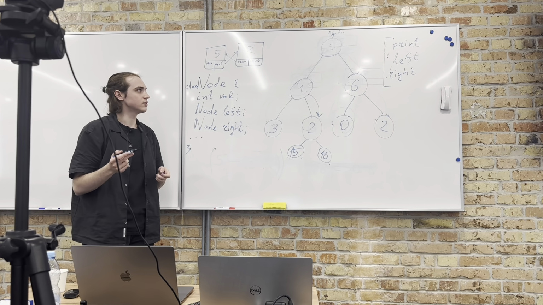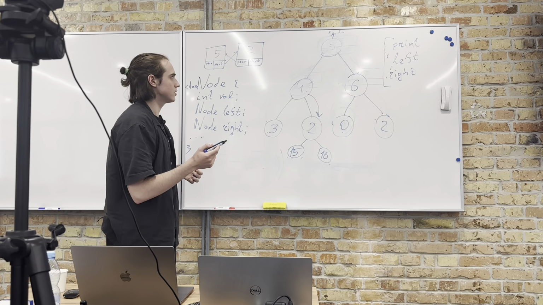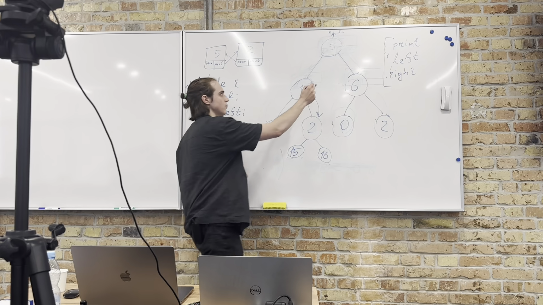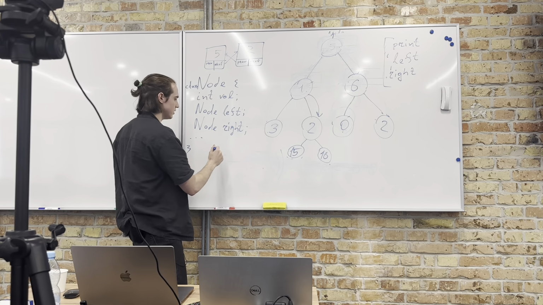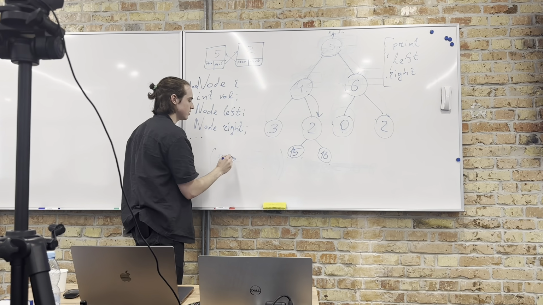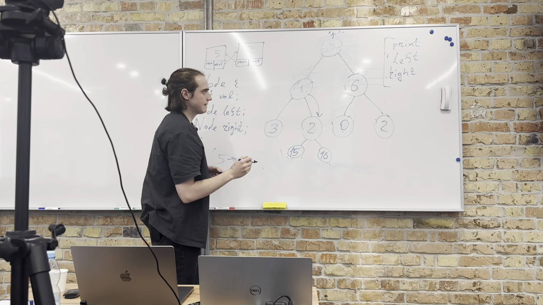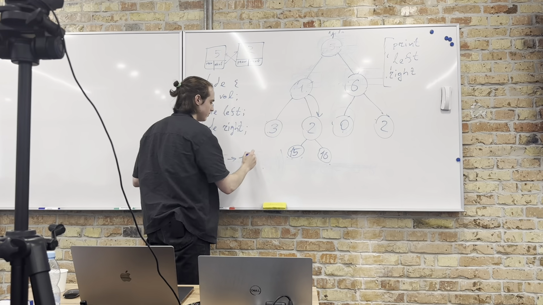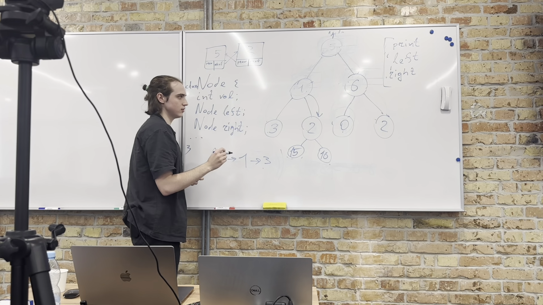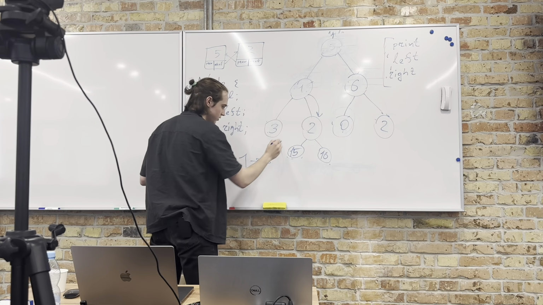We're starting from this element, right? So we print an element, then we go left. We're printing 1, then we go left, printing 3, then we go right.